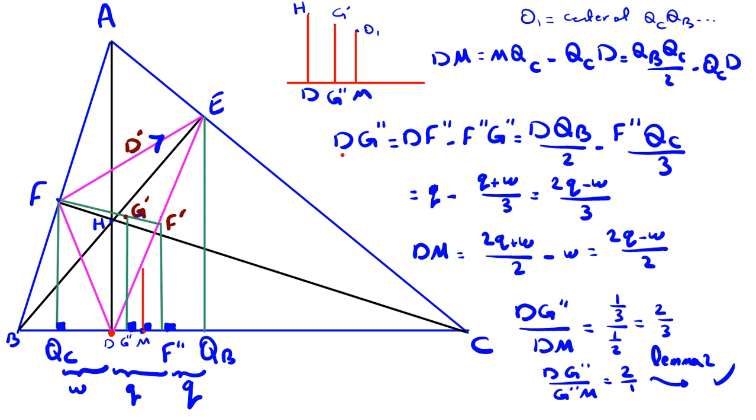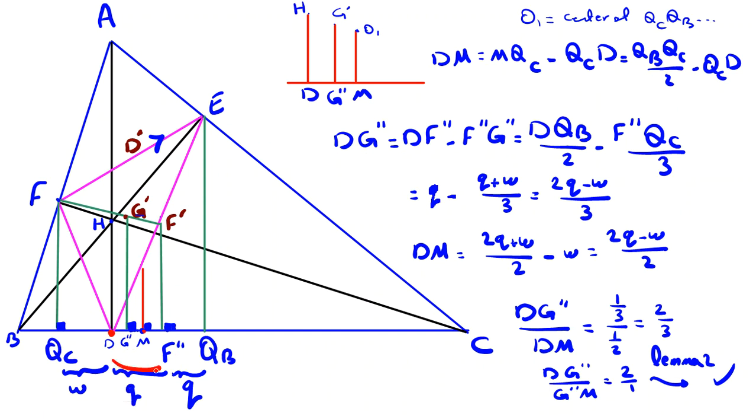Now let's find DG prime. DG prime is DF prime minus F double prime G double prime, where DF double prime is what? Let's focus on this.